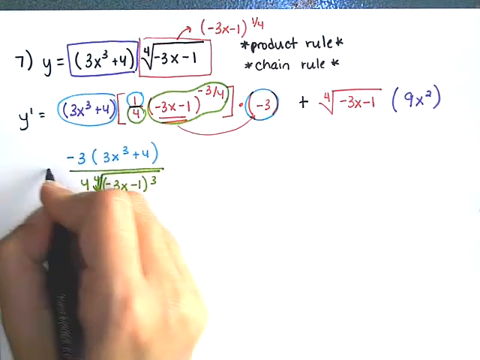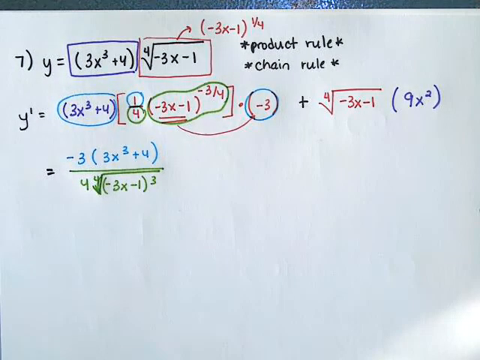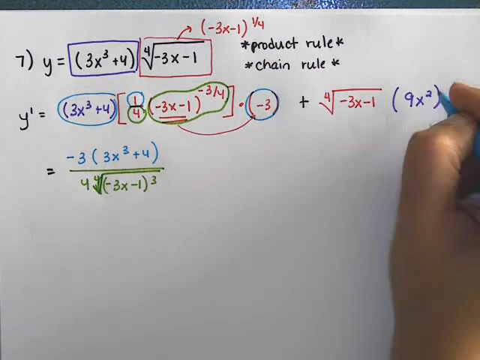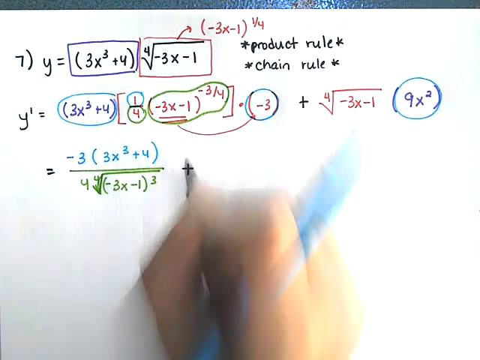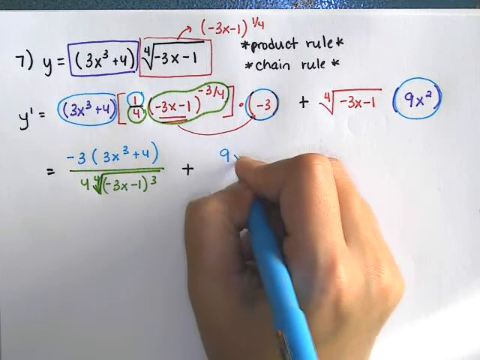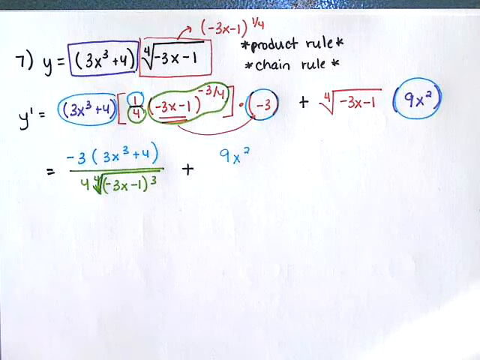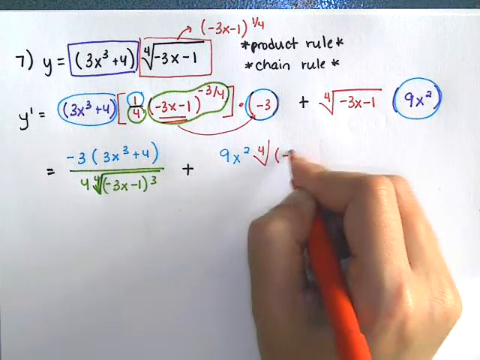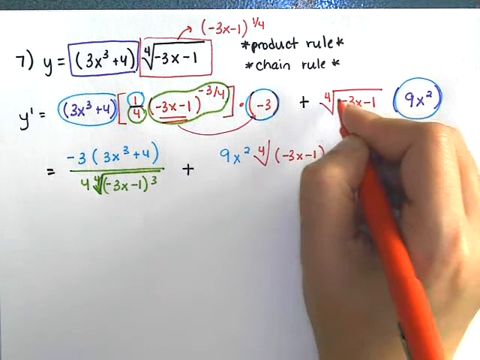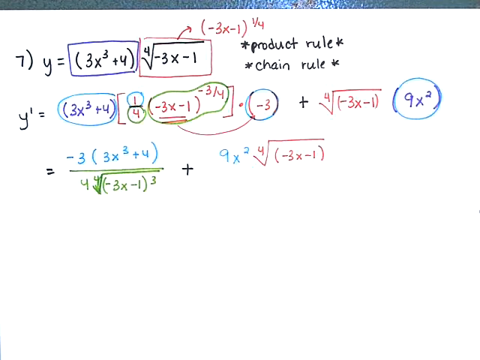Now I'm going to see if I can clean up the second term at all. And all I'm going to do here is move this to the beginning. So I'm going to have a plus sign, 9x squared, and then the fourth root of this thing. Okay.